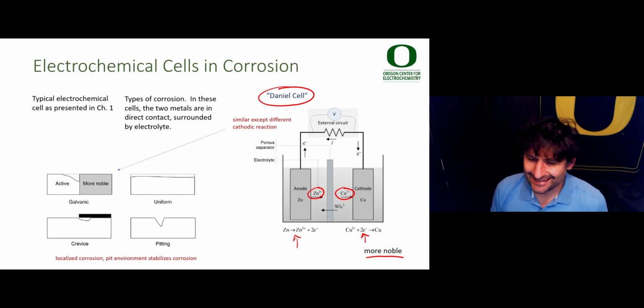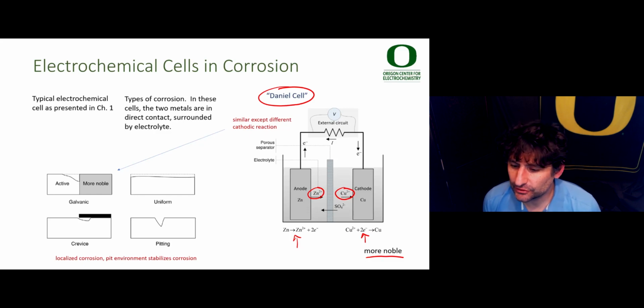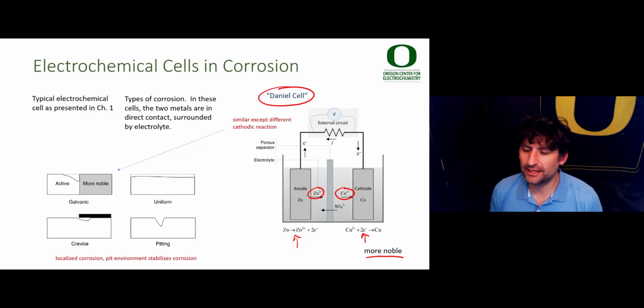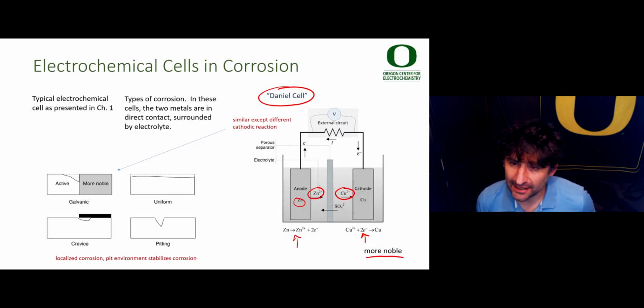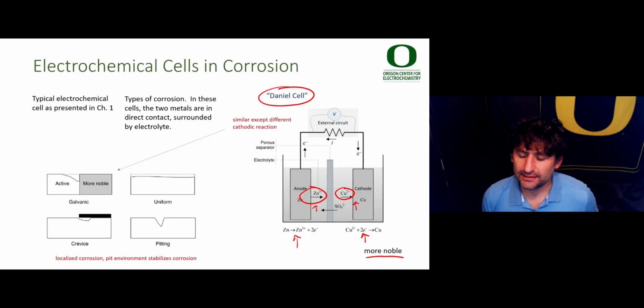So it's spontaneous to take copper from solution, add electrons to it, and to get those electrons from the more reducing metal, the zinc. Fundamentally, this is a type of corrosion reaction. You could imagine that zinc is corroding at the anode, and copper is plating, and then the copper plating is driving the corrosion of zinc to make this whole thing a spontaneous reaction.